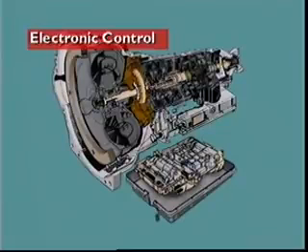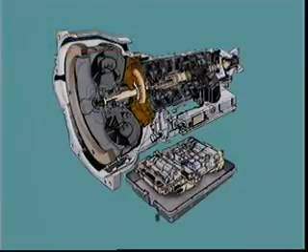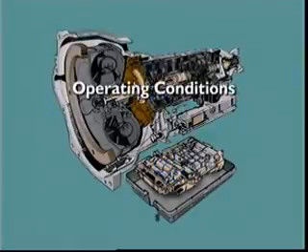A fully hydraulically controlled transmission controls the shift points by a hydraulic control unit or valve body. Fluid for transmission operation and lubrication is supplied by the pump. Pressure control valves determine the pressures in the system according to operating conditions.